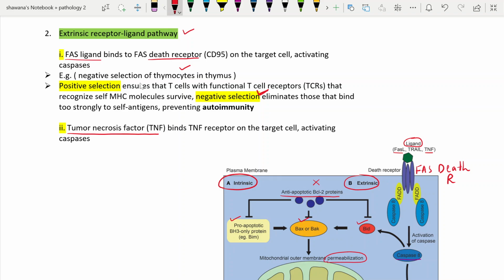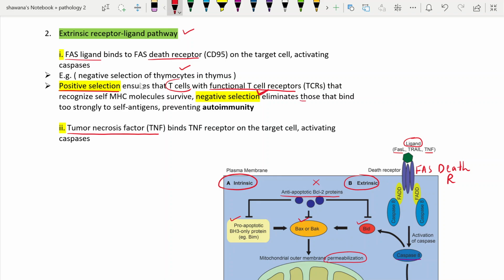In positive selection, just for extra information, the T cells with functional T cell receptors that recognize self-MHC molecules, major histocompatibility complex molecules, survive. But in negative selection, what kind of T cells are eliminated?